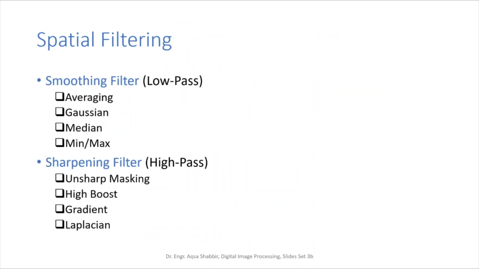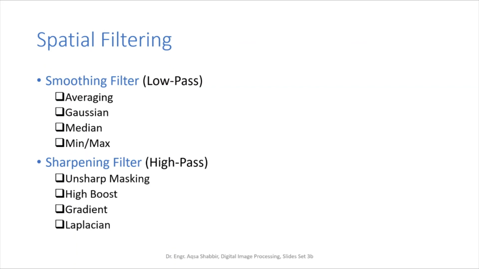Spatial filters can be divided into two main categories: smoothing filters, which are equivalent to low pass filters, and sharpening filters, which are synonymous with high pass filters. Both smoothing filters as well as sharpening filters can be linear as well as non-linear.